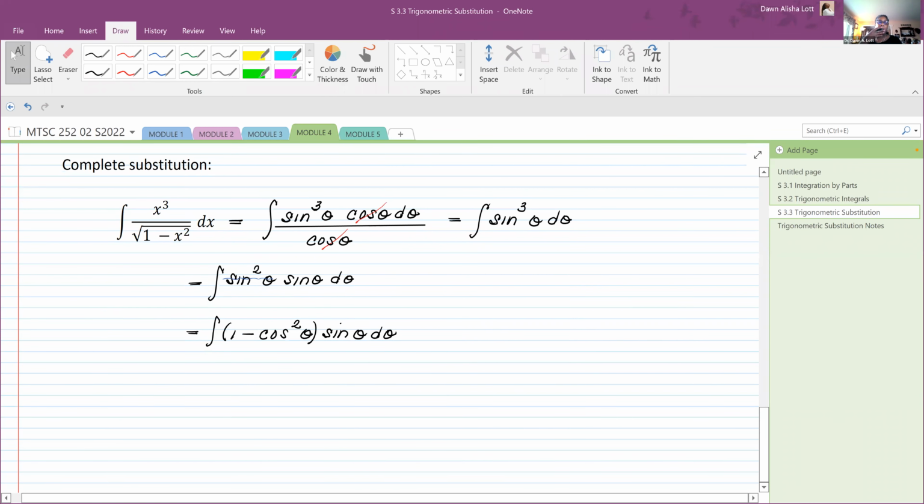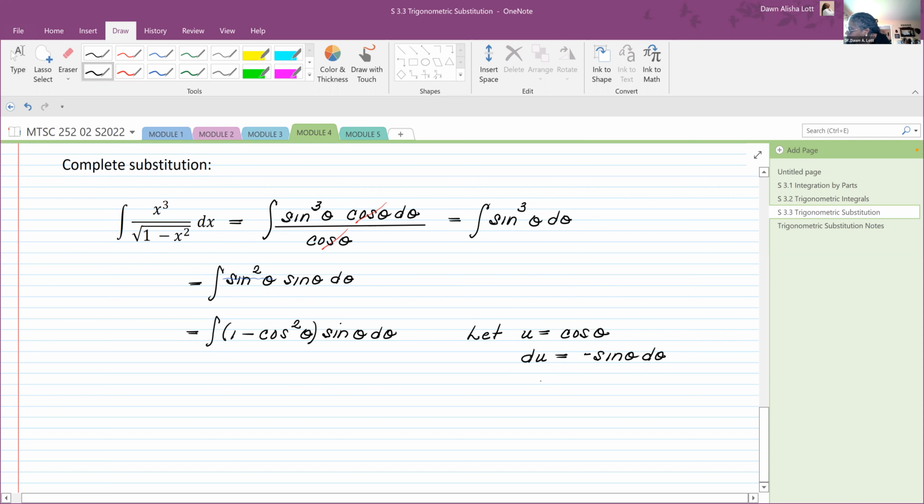Okay. So now I'm going to do a u substitution. So now I'm going to let u equal the cosine of theta and du equal to the negative sine of theta d theta.